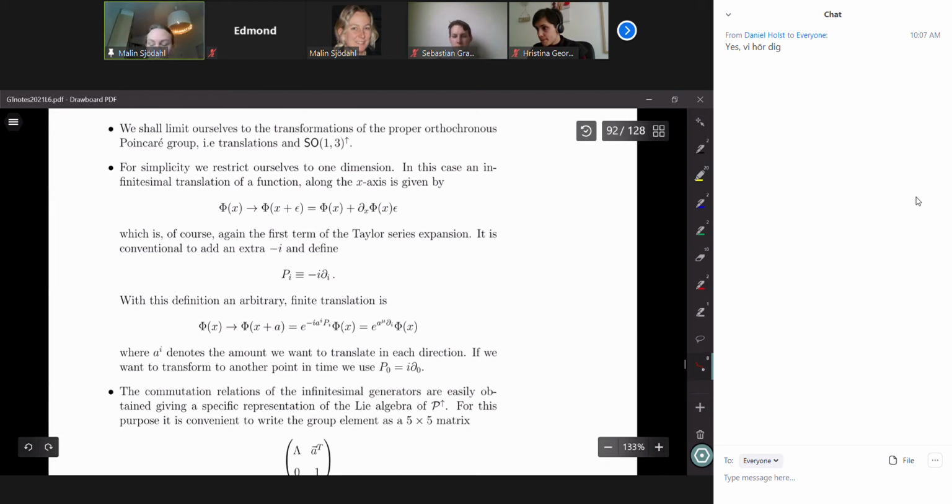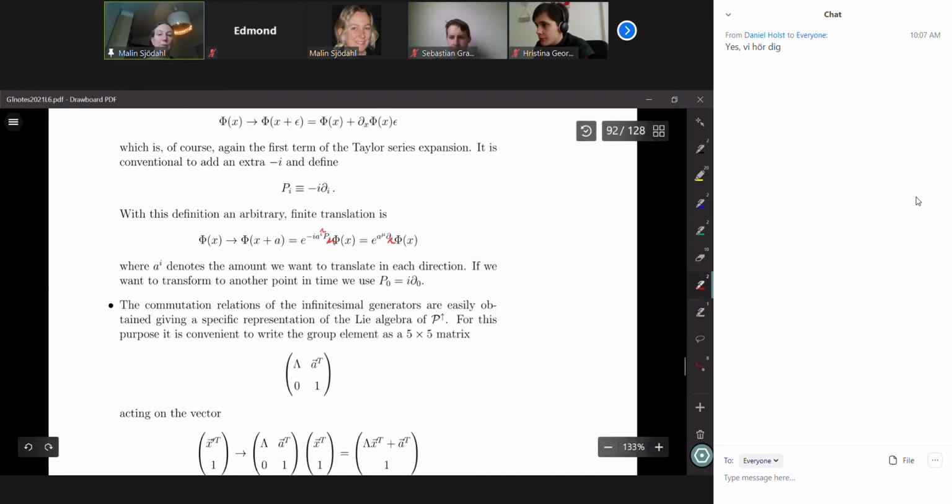I guess it should be mu here if we're considering general directions. And I think it would be nicer to allow for mu direction there as well. Okay, so we have an equation of that form for each direction.